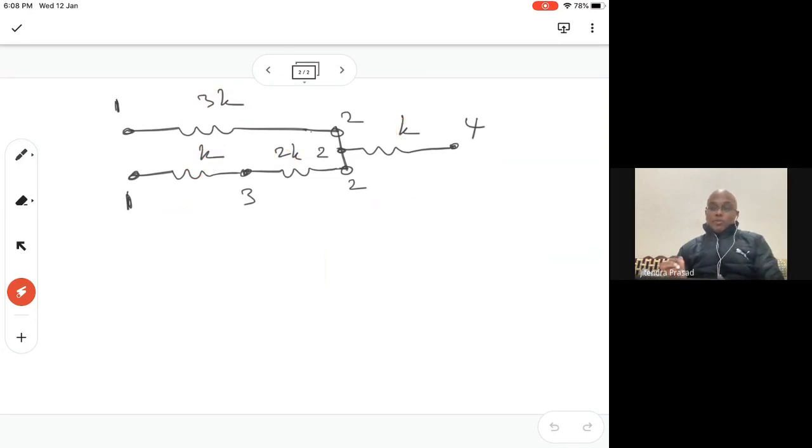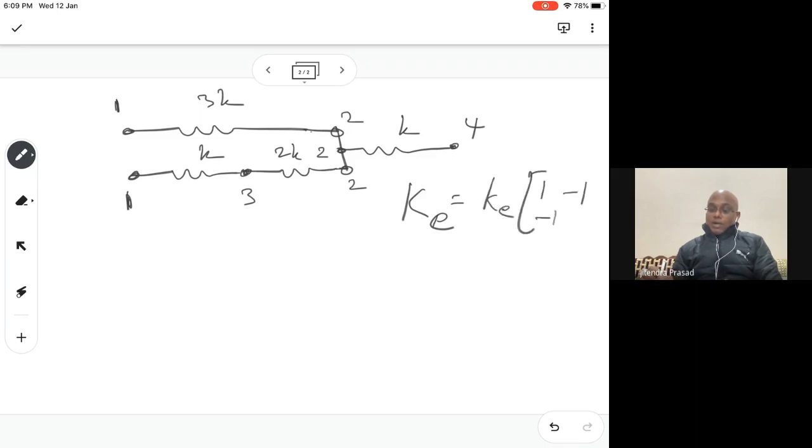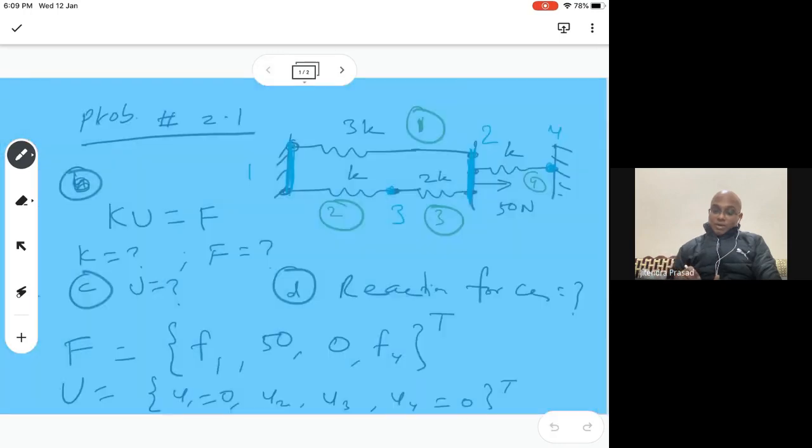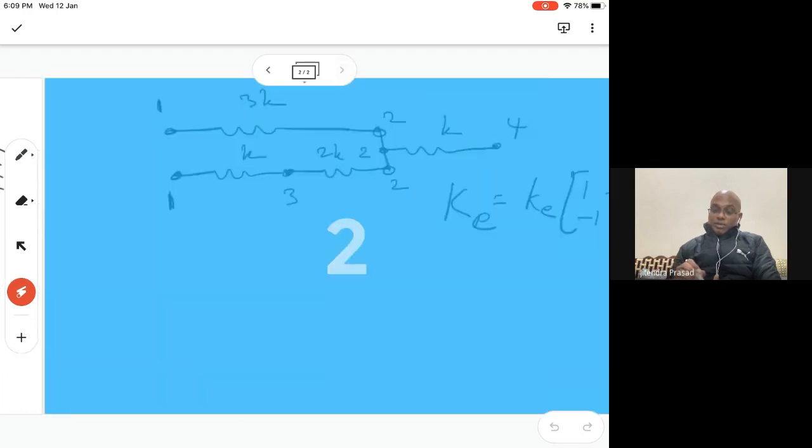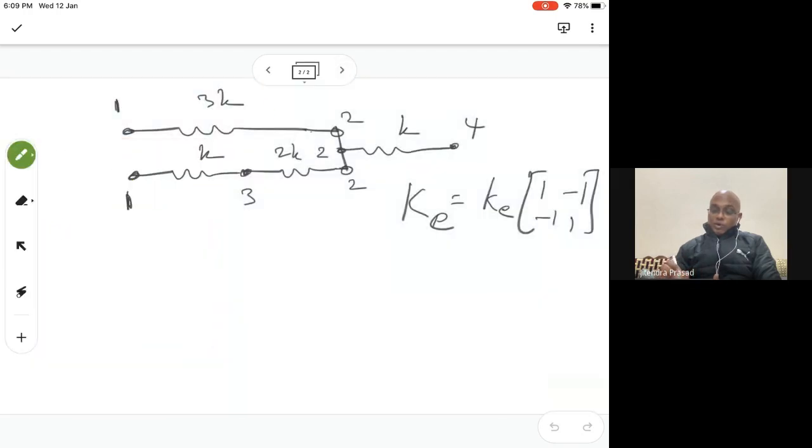Now you know that the element stiffness matrix K^e is simply k times the matrix [1 -1; -1 1], where we have element numbers 1, 2, 3, and 4.